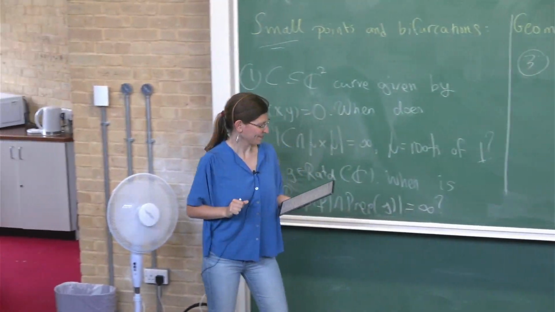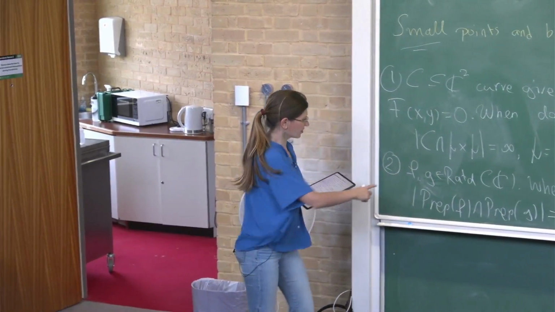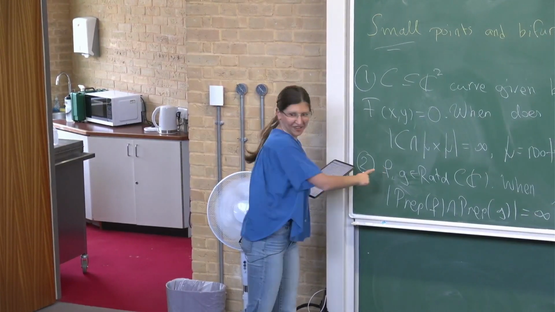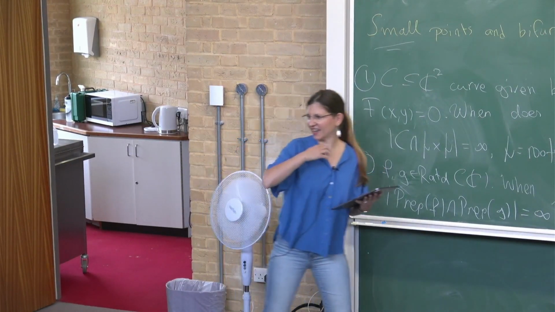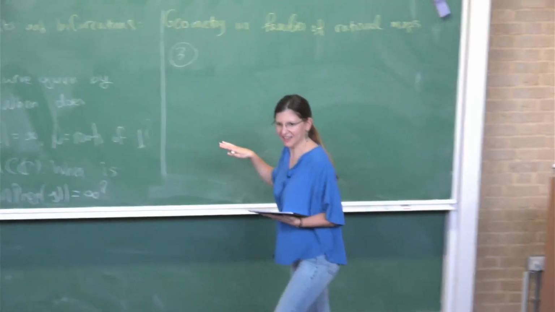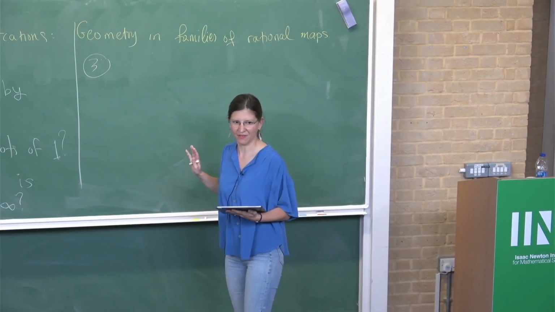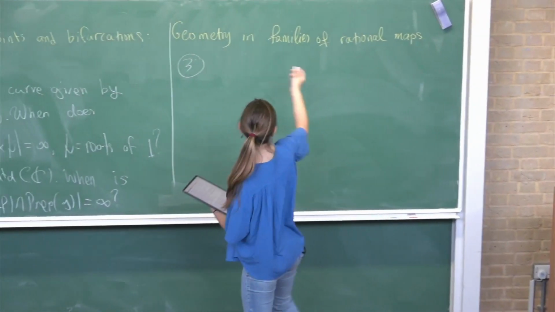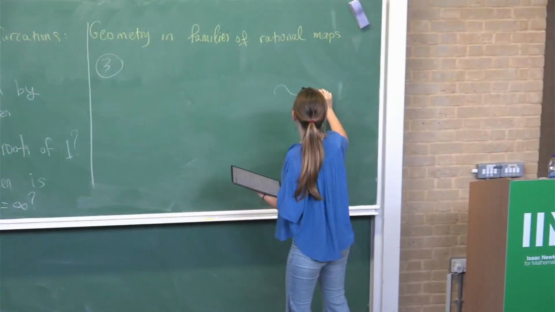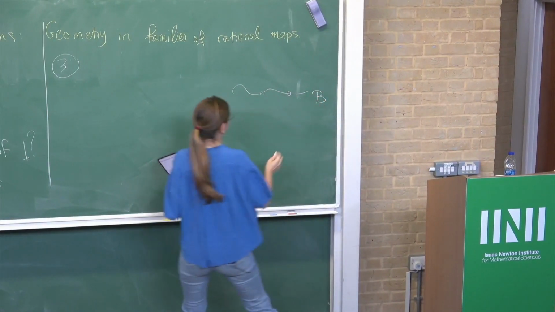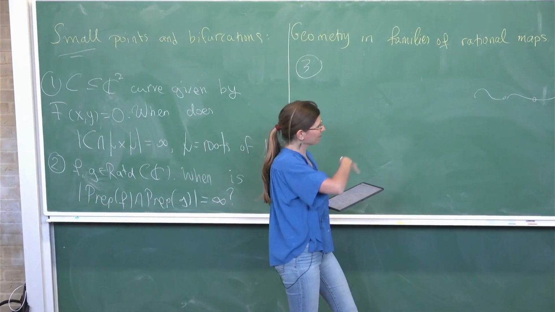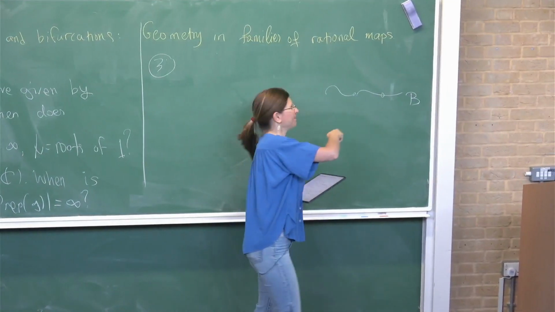3. So now I'm not going to fix just one rational function, but I'm going to take a family of rational functions, say parameterized by a curve. Okay? I'll stay simple in this mini course. So I'll have some curve. It doesn't have to be projective, compact.